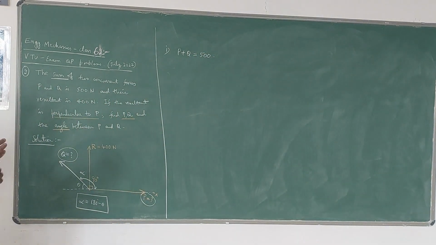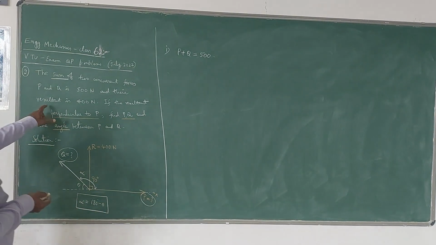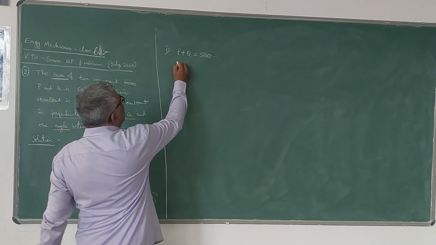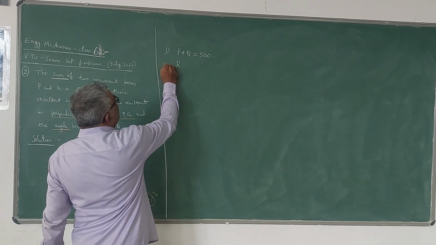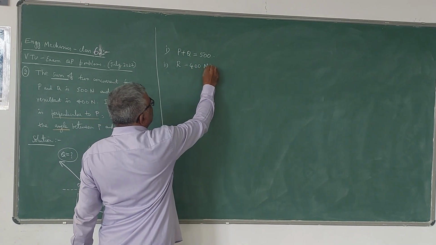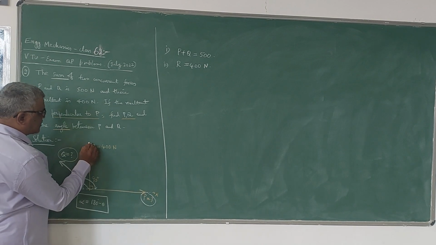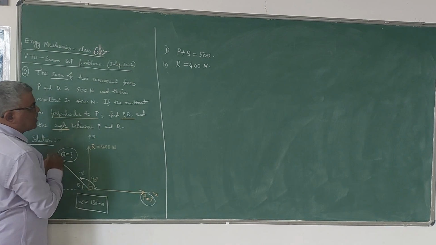We will formulate the equations, then we will solve for the unknowns. Second condition is the resultant is 400 Newton. Resultant R is 400 Newton. Please note that in this problem, the resultant is acting along the y-axis.